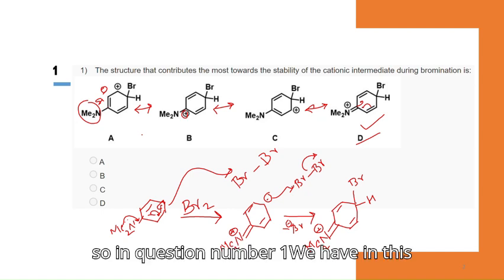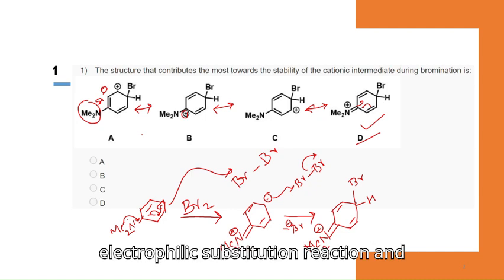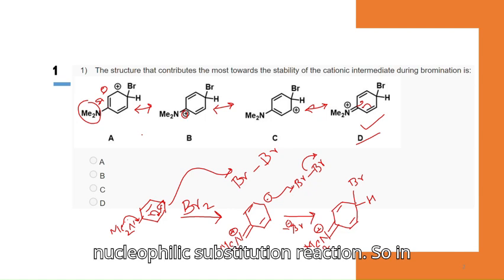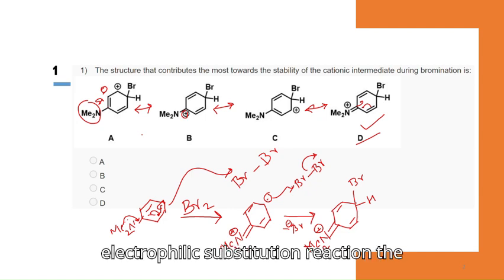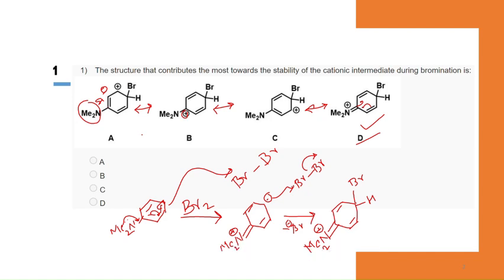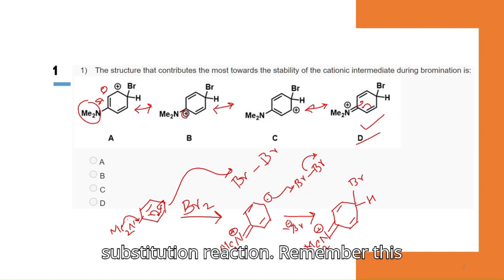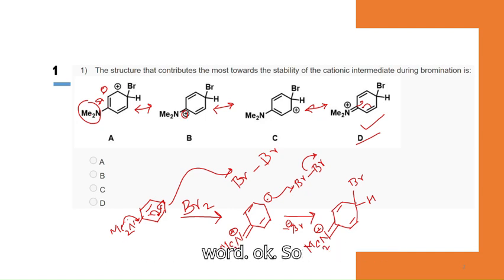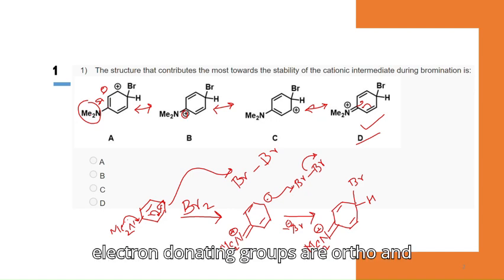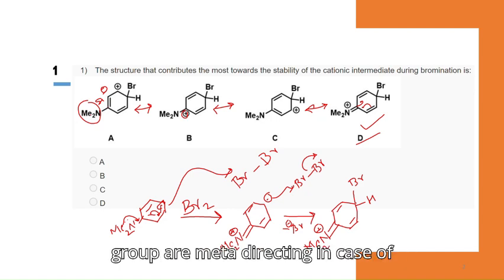In question number 1, in this TA class we have discussed the electrophilic substitution reaction and nucleophilic substitution reaction. In electrophilic substitution reaction, electron donating groups are ortho and para directing, and electron withdrawing groups are meta directing.